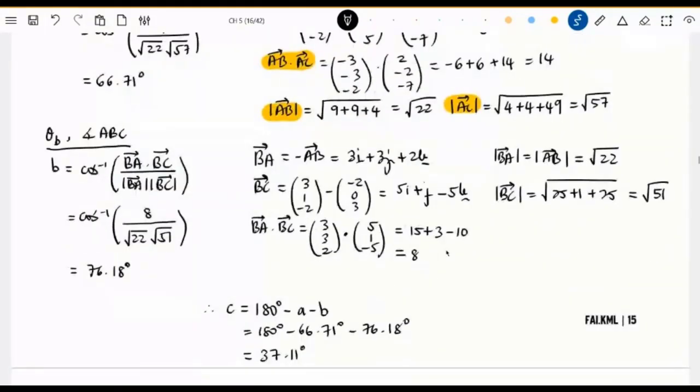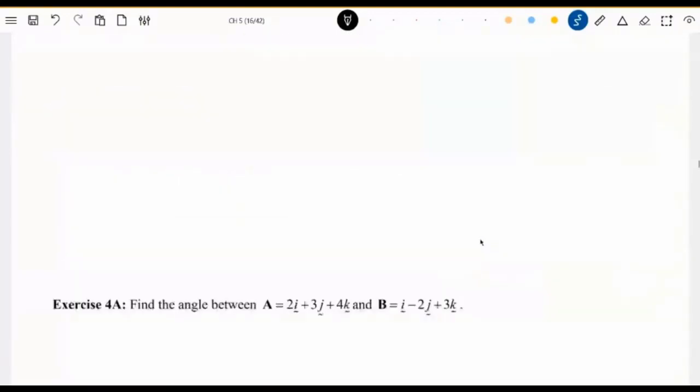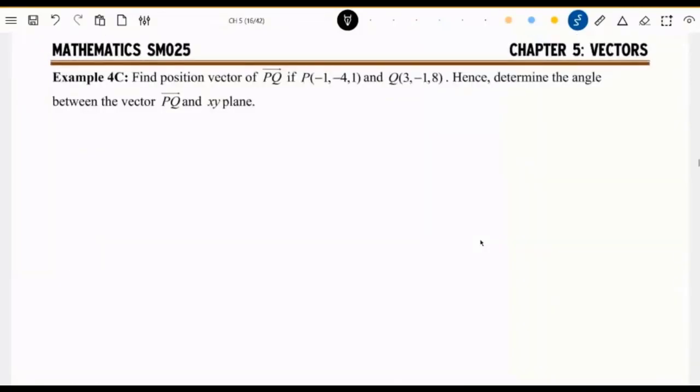Okay, done. So next adalah direction cosine untuk non-zero vector. For C. Ingat dah habis lah. Okay. For C. So find the position vector PQ. Okay, PQ macam mana kita nak cari? OQ minus OP.